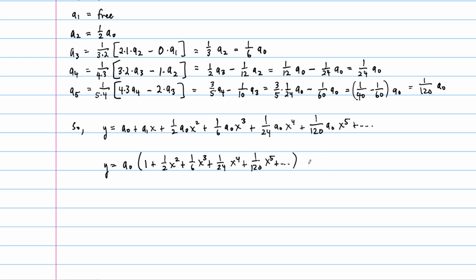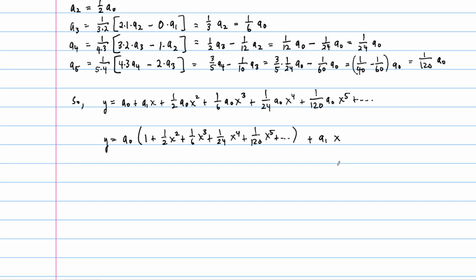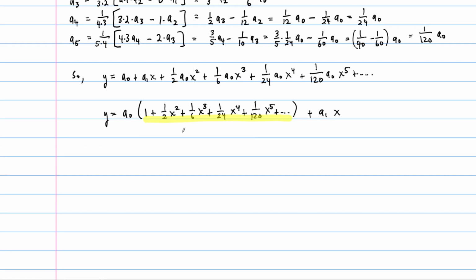And then plus a1 times x, right? And so remember, we have initial values for this. By the way, in a minute, I'm going to finish this up because the instructions said just find the first few terms, but we're going to be able to write down exactly what this function is.